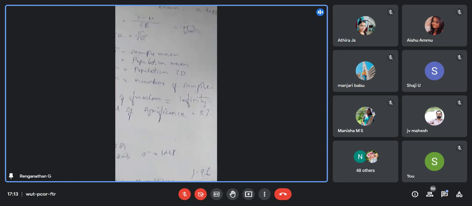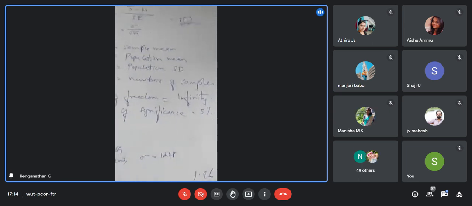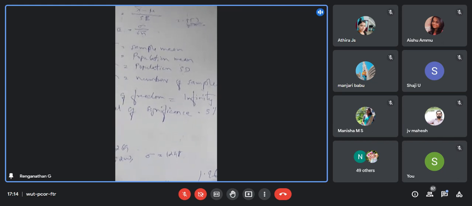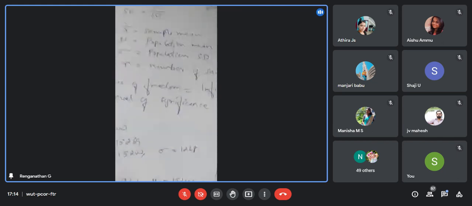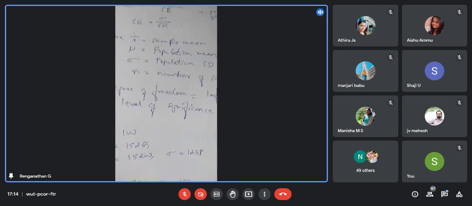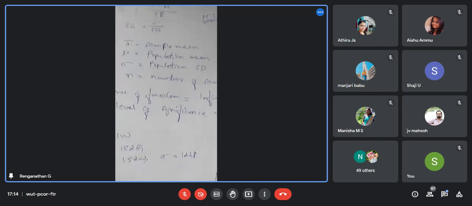So if the calculated value is less than the table value, then we consider the null hypothesis is good. That means we have to write the null hypothesis is valid or it is acceptable.